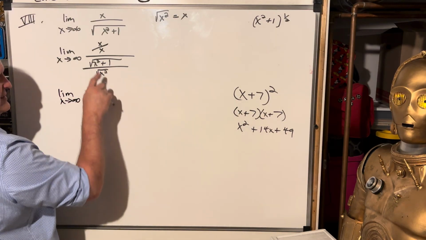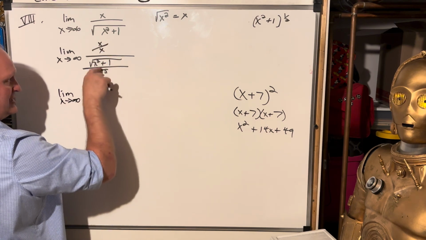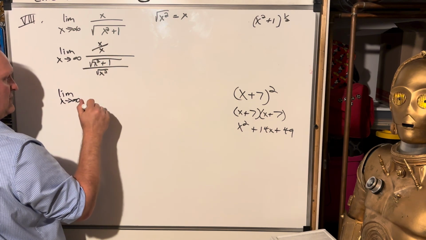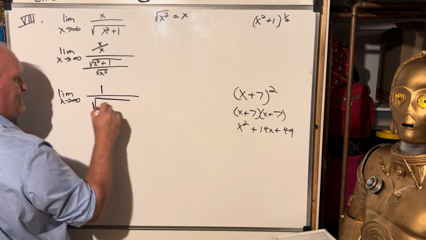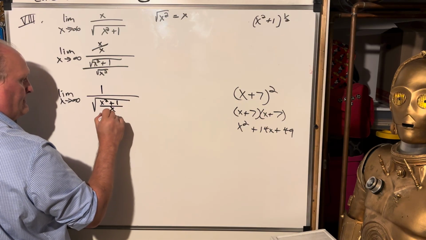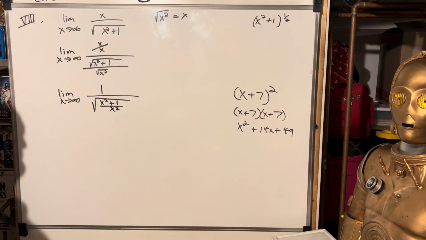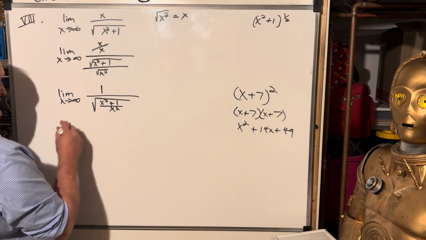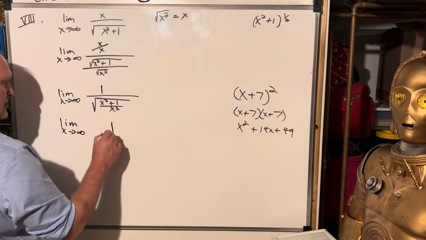This is all under the guise of dividing everything by the largest thing in the denominator. Because these are both under square root signs, I can write them all under the same roof. Now I can split that into two different fractions.